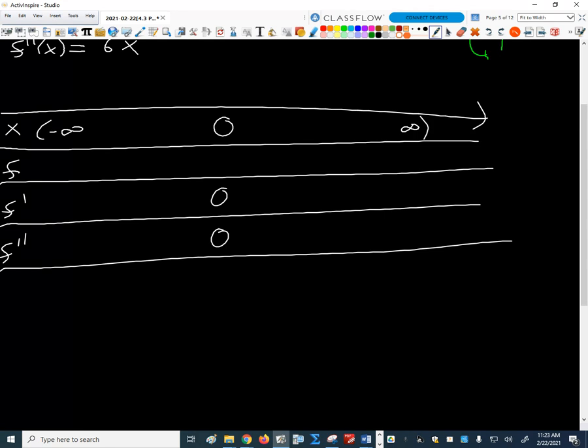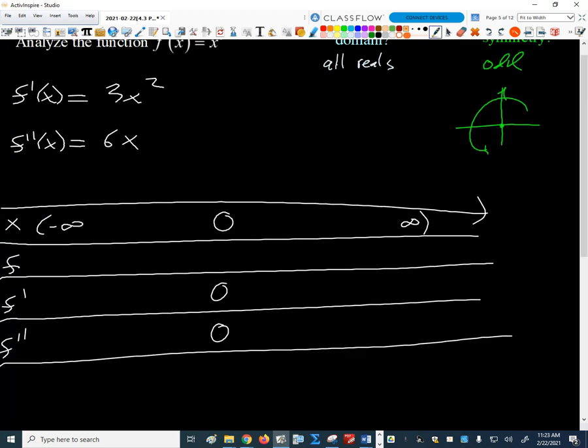Remember, second derivative test is we want to determine the sign of the second derivative at our first derivative critical number of 0. No, because it's also a solution of the second derivative. There you go.